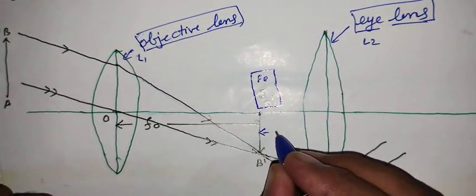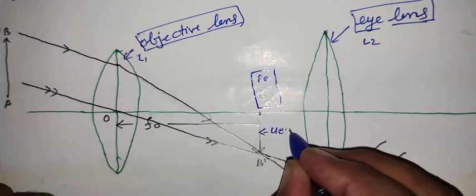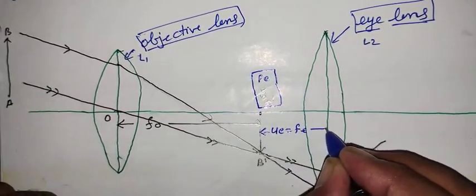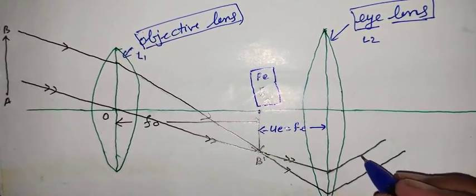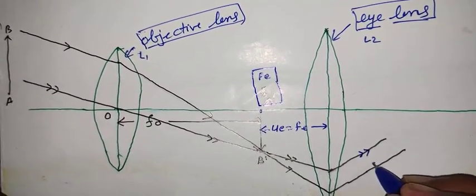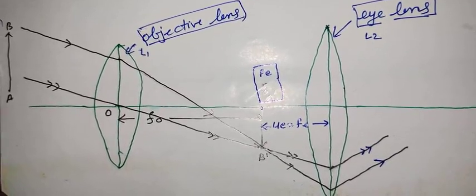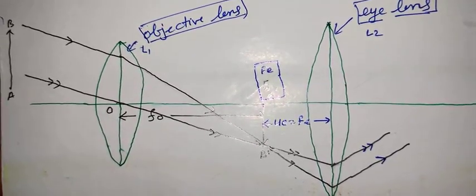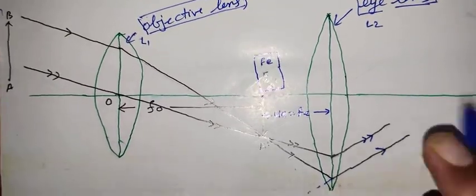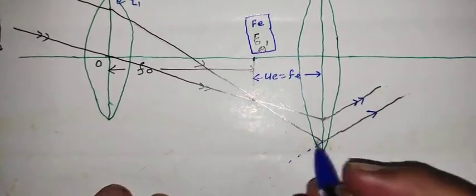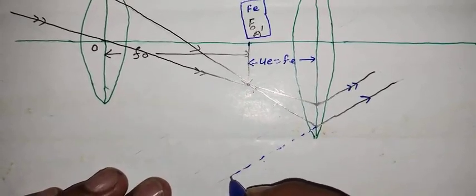So this distance UE is equal to Fe here. In that condition, both refracted rays become parallel to each other. When they are parallel, they will neither meet on this side nor backward.